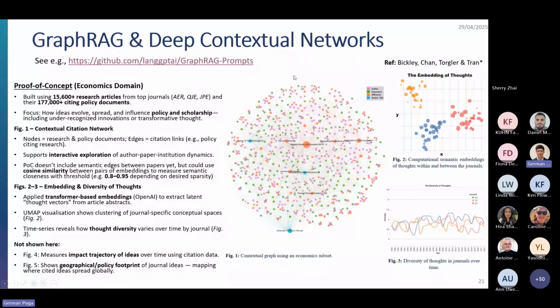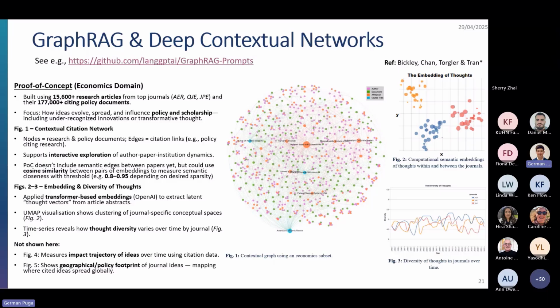We've done something similar on a smaller scale as a proof of concept, using 15,000 plus articles from these 3 journals and 177,000 plus citing policy documents.